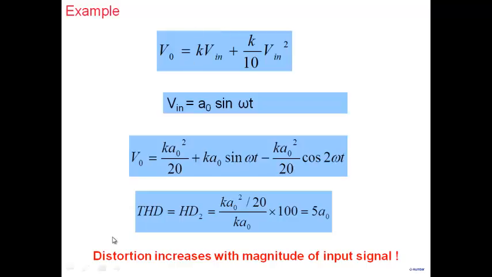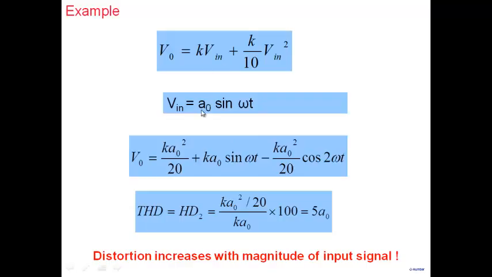I'm sure all of you are familiar with any music system: as you increase the power, beyond a certain point you may find that it's not sounding very nice. The reason is that the distortion increases with the output power level. That's understandable.